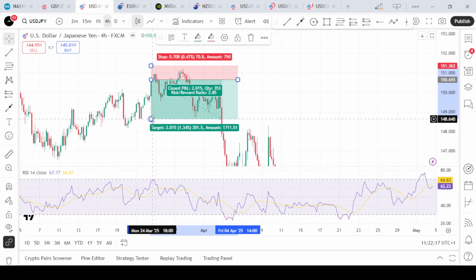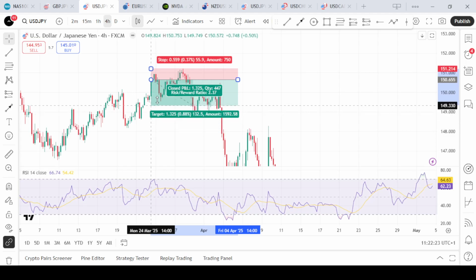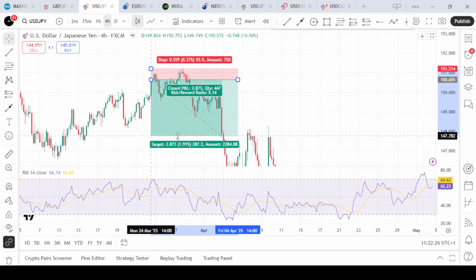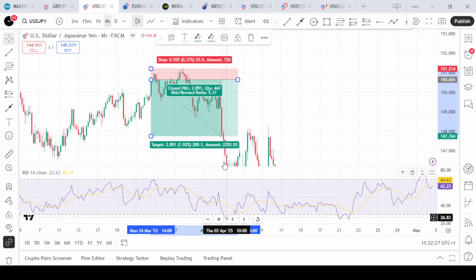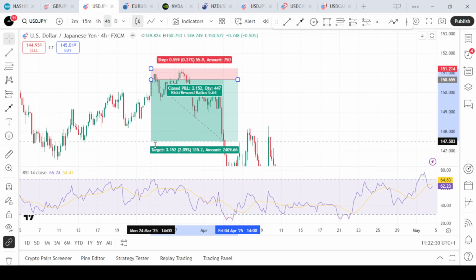Remember, we are selling from when price is in an overbought region. When price moves in your direction and gets to an oversold region, this should be an exit signal. You can also do that in a buying scenario. You can buy and exit when price gets to an overbought condition.